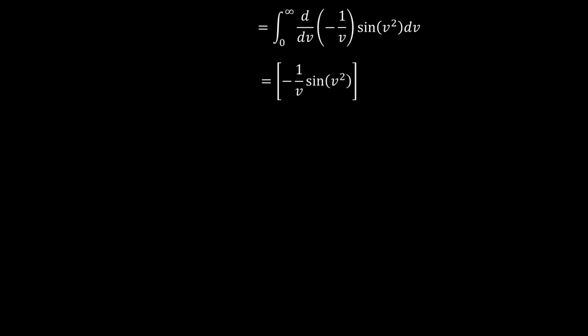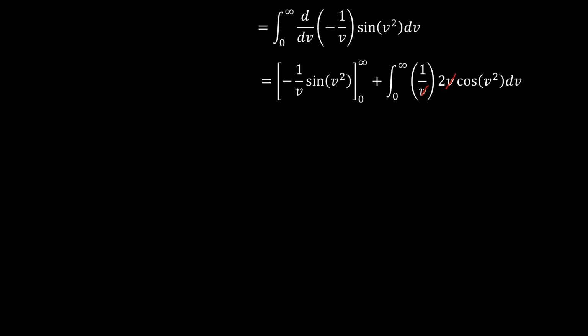So now uv becomes negative 1 over v sine v squared, and since we have this negative here, now minus this becomes plus, and next we have 1 over v squared, 1 over v, and then the derivative is 2v cosine v squared. And as you can see, this and that cancel. And then the problem is, how do we approach this result here?